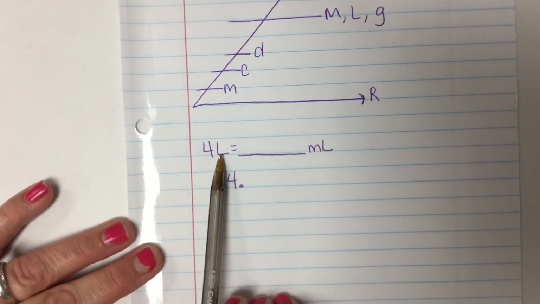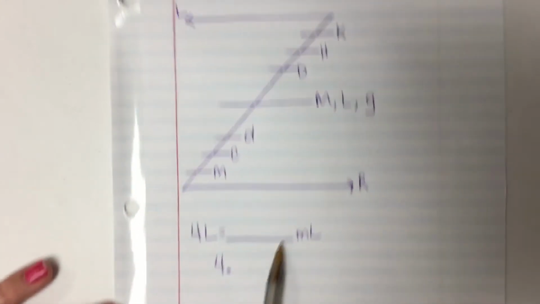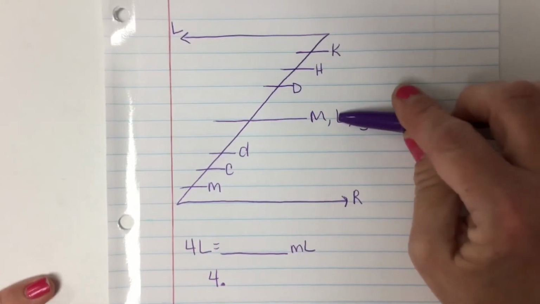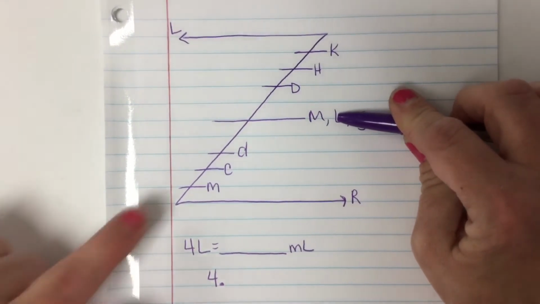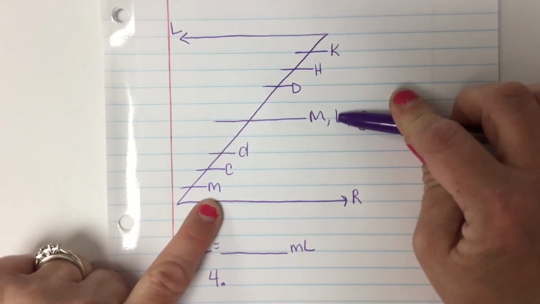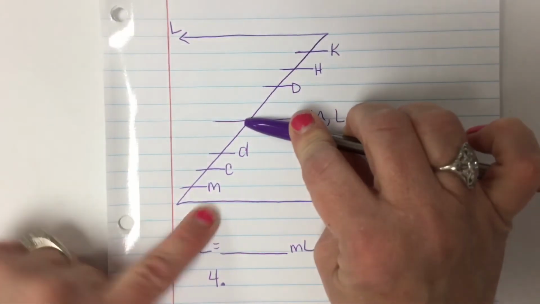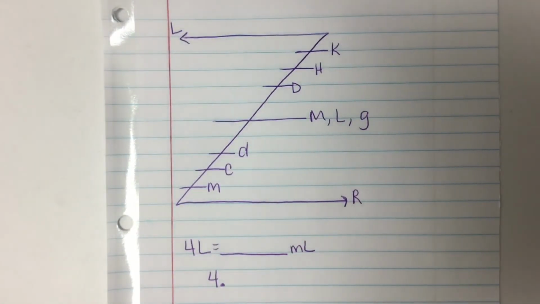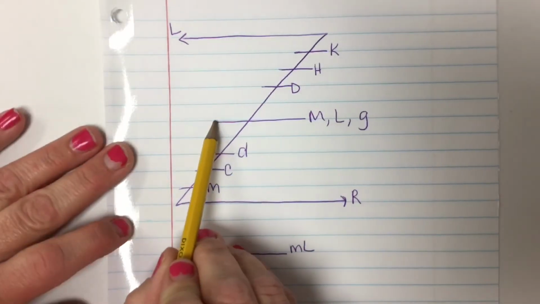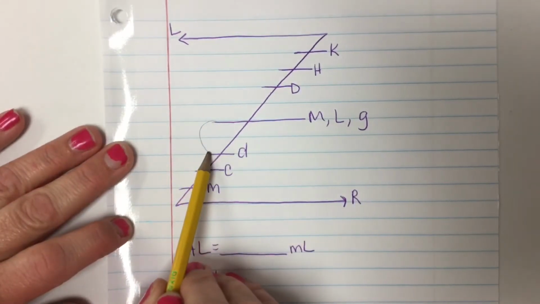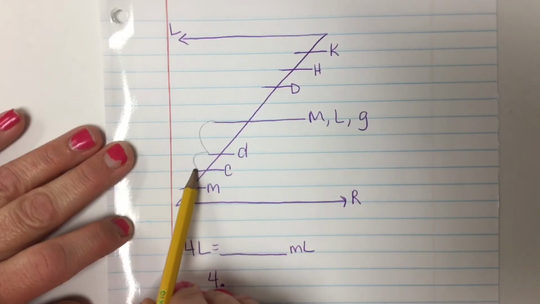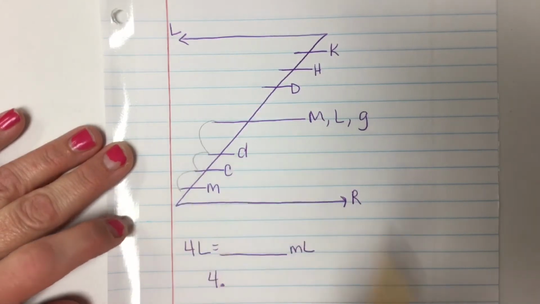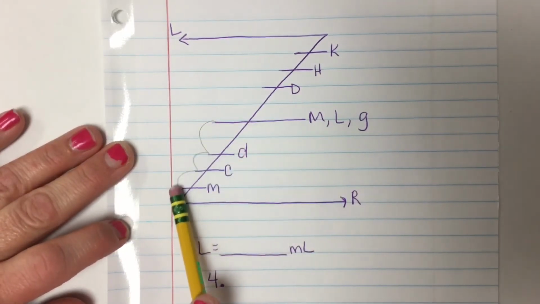Now, we're going L to ML. So L is right here in the middle. So this is where we're starting. And we're going to ML, so we're going down here to the bottom. I'm going to take my pencil, and I'm going to step down 1, 2, 3 steps. So I started at L, and I went down to ML.